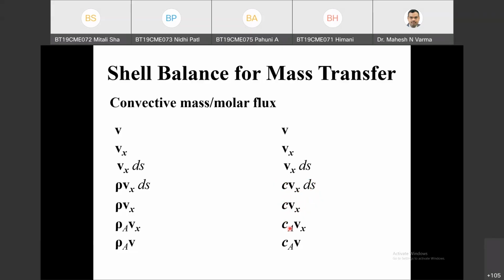What is this CA? Again, we can have some relation between CA and C. Most importantly, this will be associated with a mole fraction.